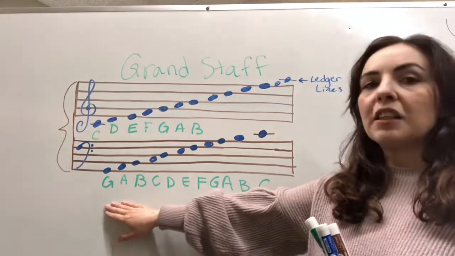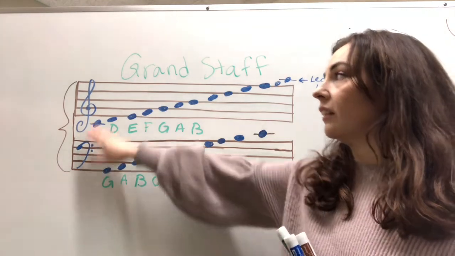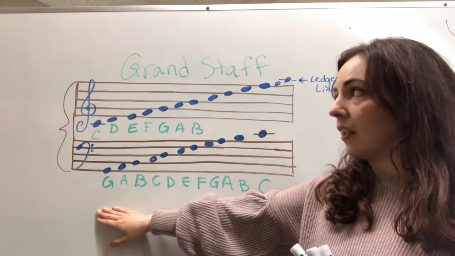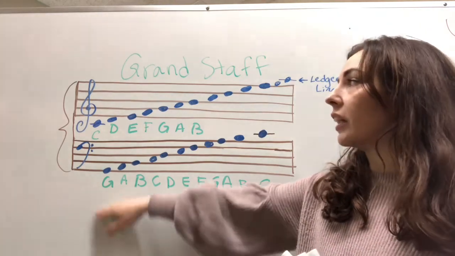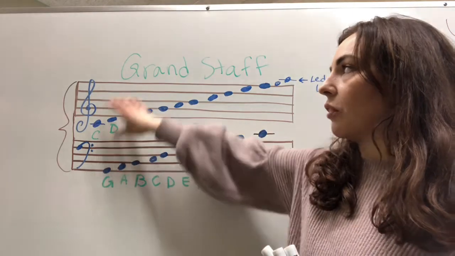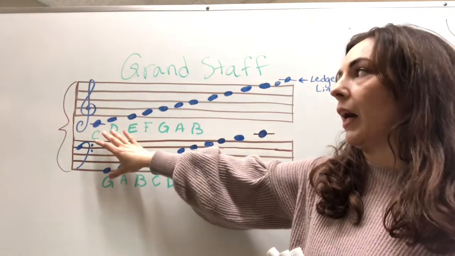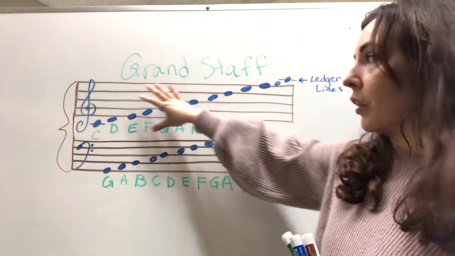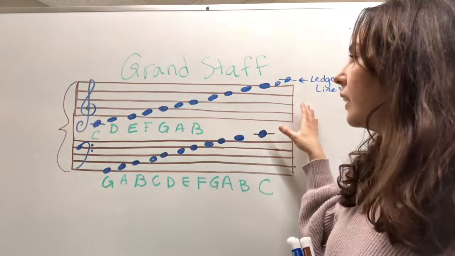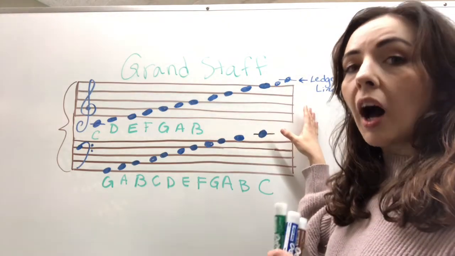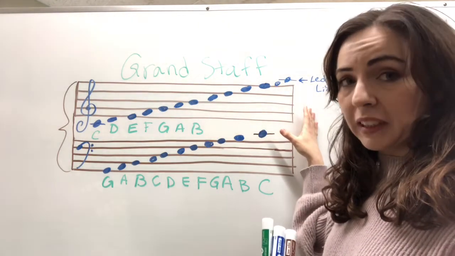Now when we see two staffs connected like this, making a grand staff on a piece of music, that means whatever is written on this staff and this staff are playing at the same time. So what normally would happen for the treble clef is we'd see treble clef music written for higher instruments or higher voices.